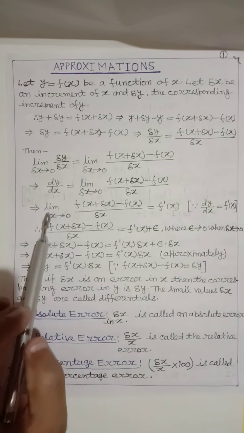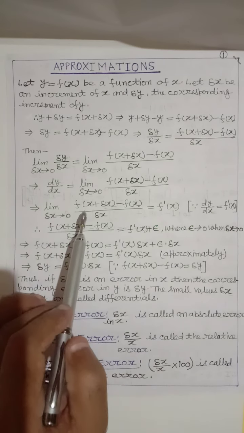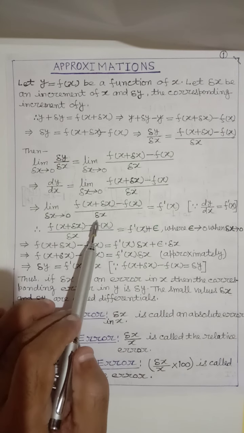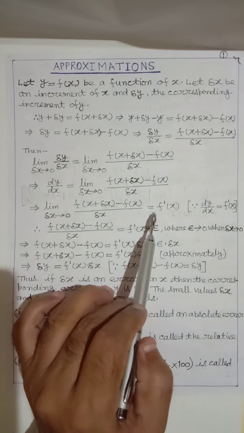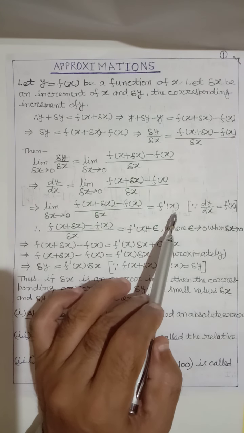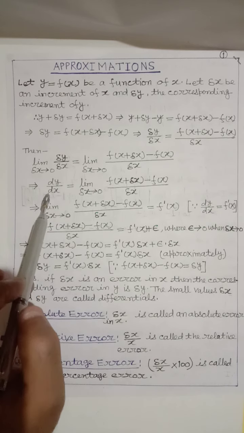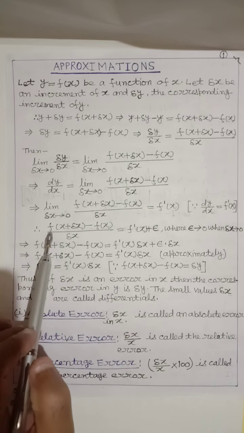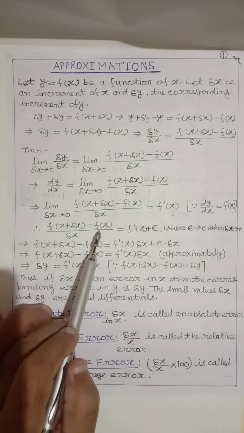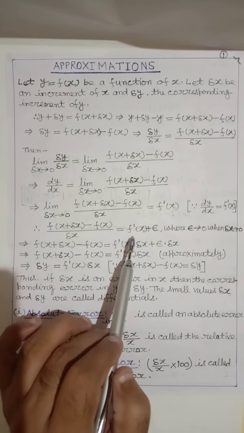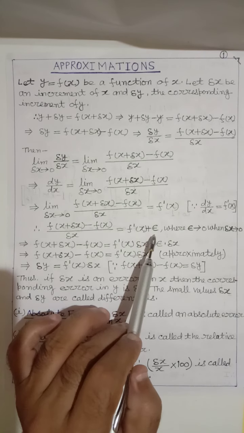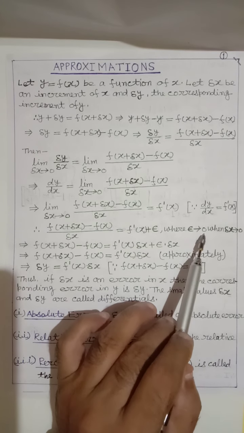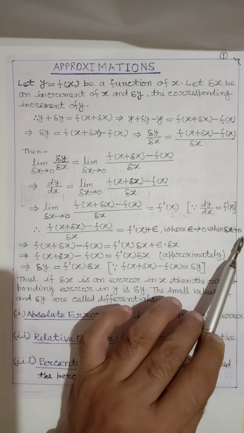Therefore limit del x tends to 0 f of x plus del x minus f(x) by del x equals f dash x, because dy by dx equal to f dash x. Therefore f of x plus del x minus f(x) by del x equal to f dash x plus epsilon, where epsilon tends to 0 when del x tends to 0.